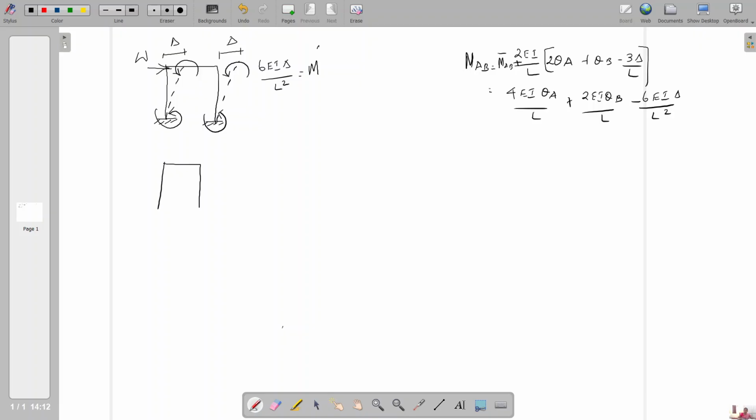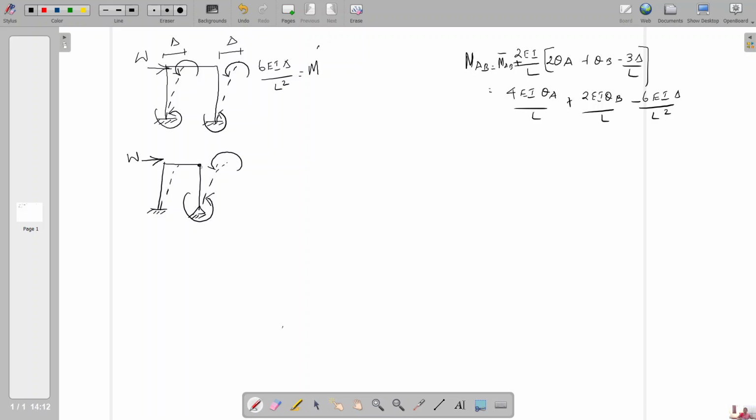For the different case, when one end is simply supported and one end is fixed, if subjected to a horizontal load W, the same effect will be considered, but the moment will be different for the far end simply supported case.